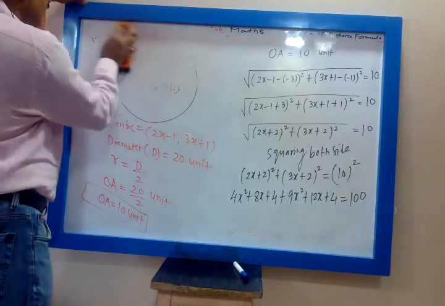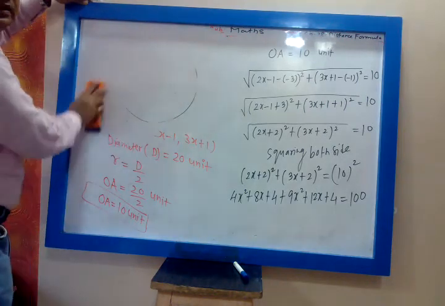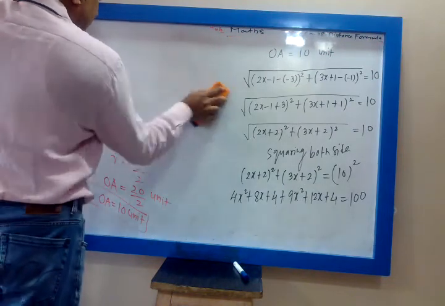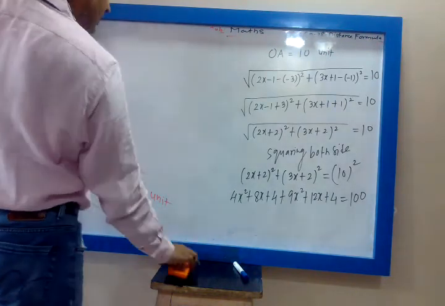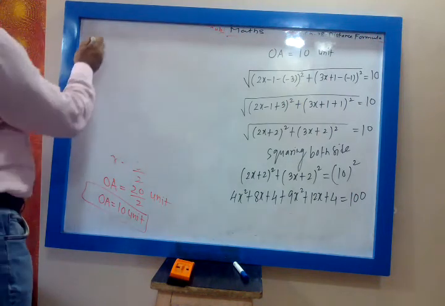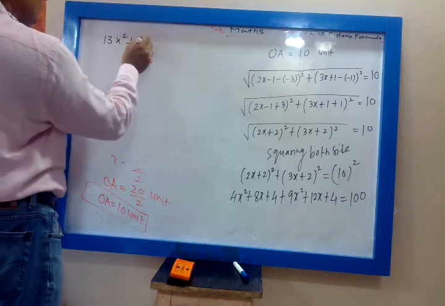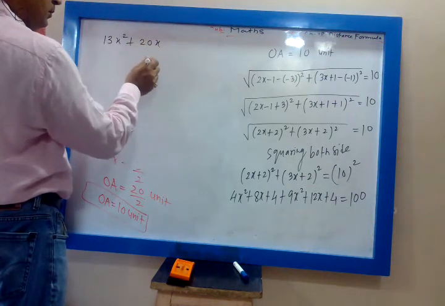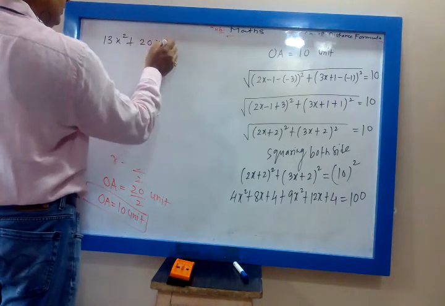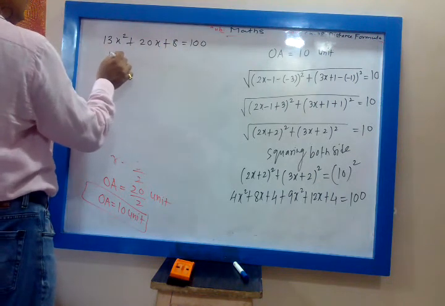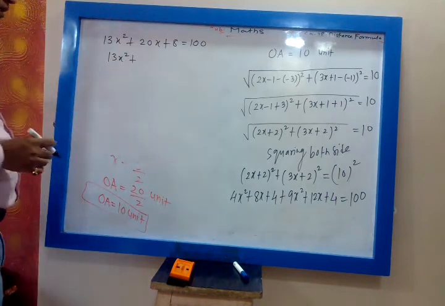Okay, one minute I will take, let me complete this part. So 13x square, 8x plus 12x is 20x, 4 plus 4 is 8, is equal to 100. So 13x square plus 20x.